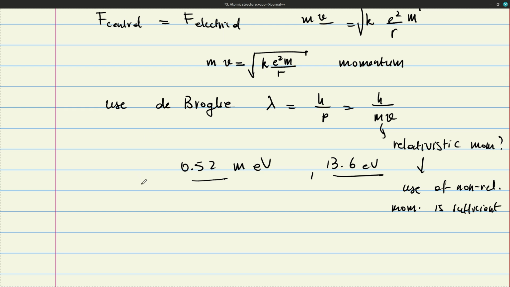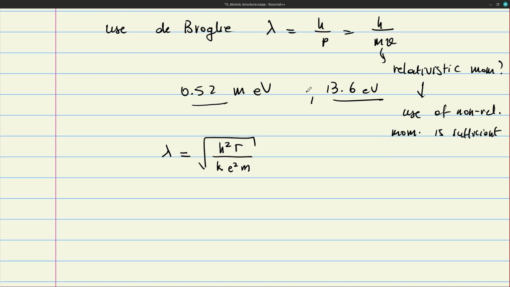And now I have h over mv and I have an expression for mv. I can plug in and find lambda is equal to h squared r divided by k e squared m. Experimentally, this has been known basically forever: the ionization energy of the hydrogen atom is minus 13.6 eV.